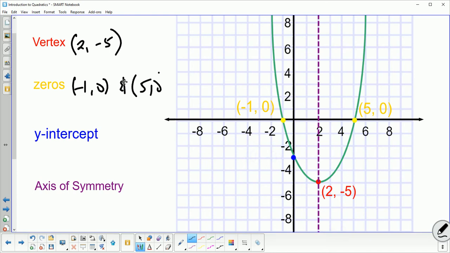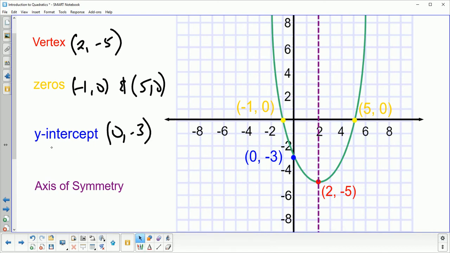Sometimes we could have 0. Sometimes we could have 1. Our y-intercept is going to be the point where we cross the y-axis in blue right here. And we see that that is at (0, -3). For our y-intercept there's always only 1. For the zeros there could be 2, 1, or 0 of them. Now these are not the actual values, they're just how many of them exist.